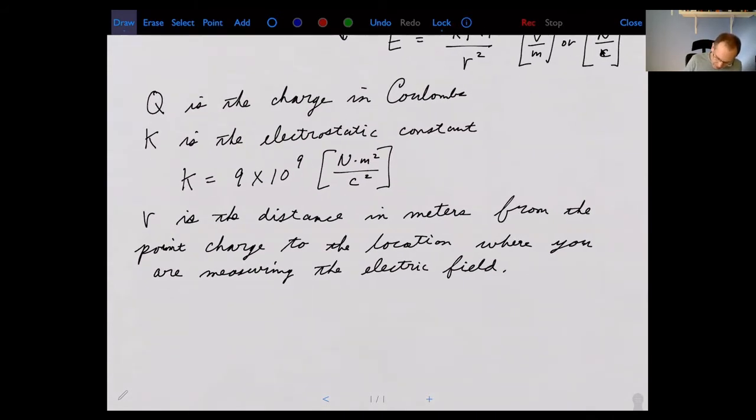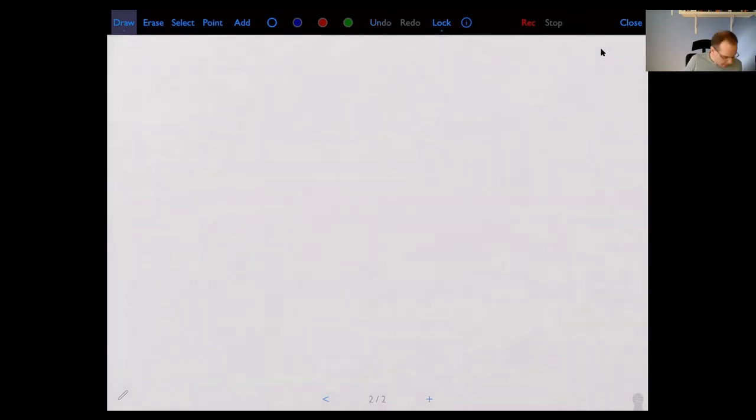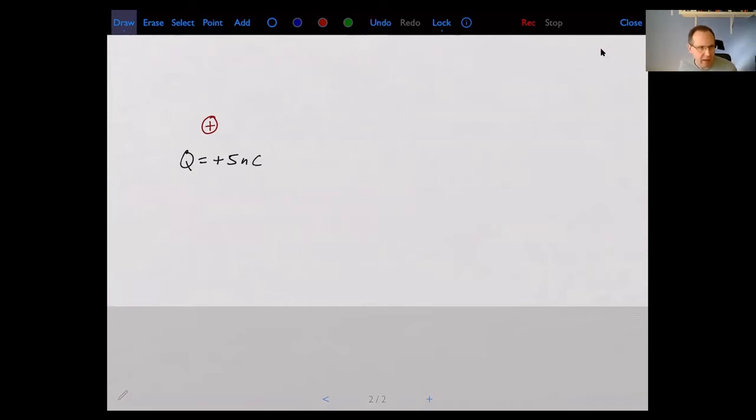So let's say I have, I'll go to a new page here, a positive charge, and let's say it has a value of positive 5 nanocoulombs. So the little n means nano, 10 to the negative ninth.